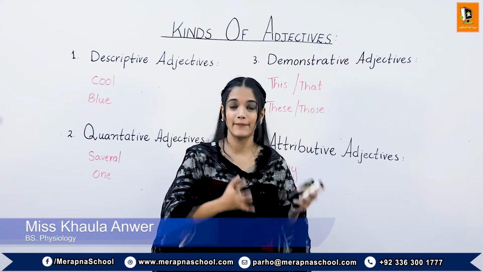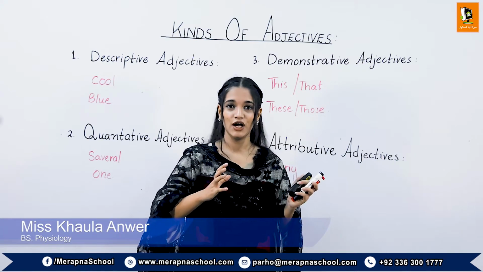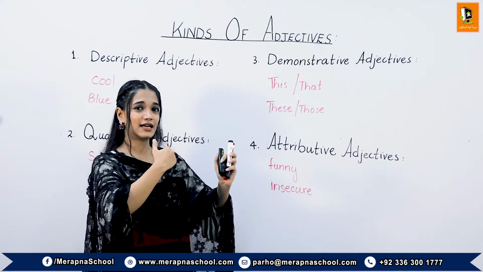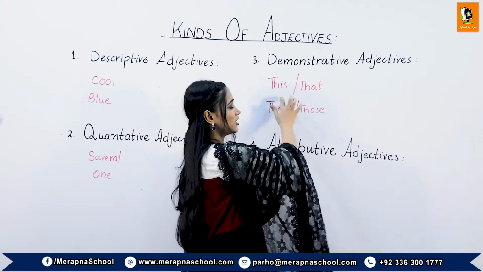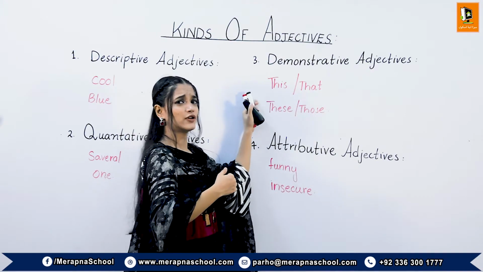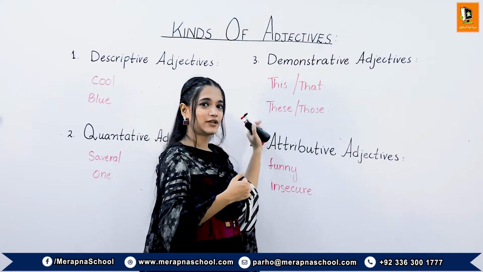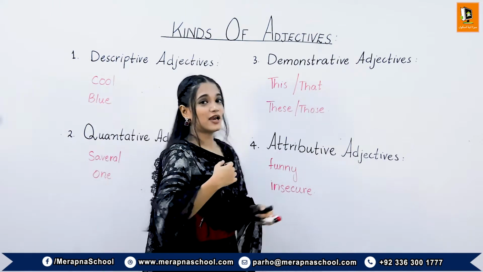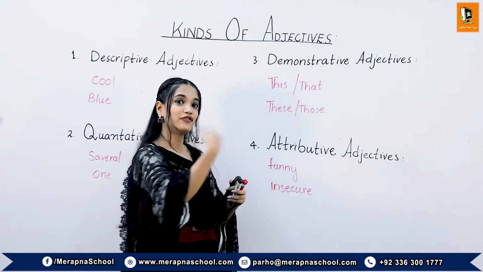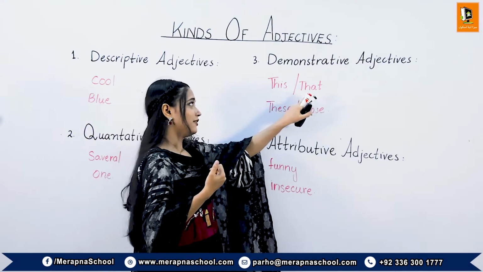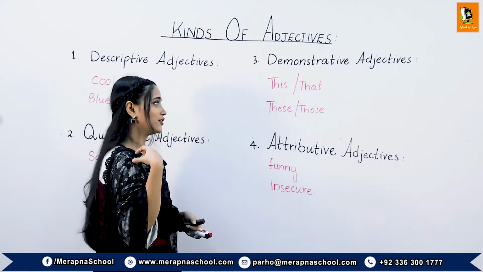They point out a person or a thing, depending on distance. If the thing is near, we will use this or these. This is used for the singular and these is used for plural nouns or pronouns. That is used for things or persons that are far away. For the singular we use that, and for the plural we use those.